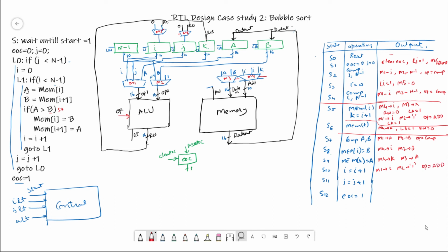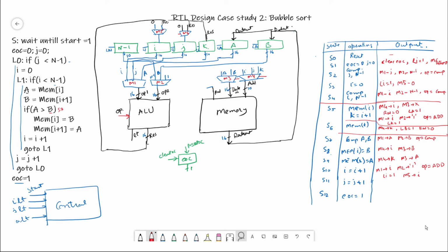We are also going to write this value in the I register, so Li will become 1. In the next clock cycle, because Li was 1, whatever the value is will get picked. Because I needs to be selected, M5 needs to select I, not 0.